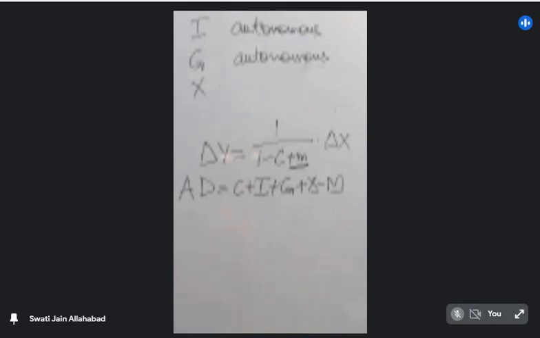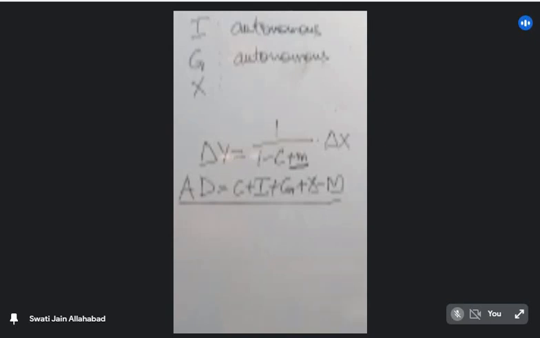Or another way to understand it: if a particular variable does not depend on any of the variables in the model, then it is autonomous. Now you will think, what is the model here? This is the model: AD is equal to C plus I plus G plus X minus M.